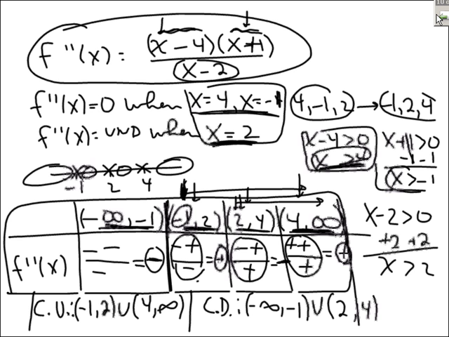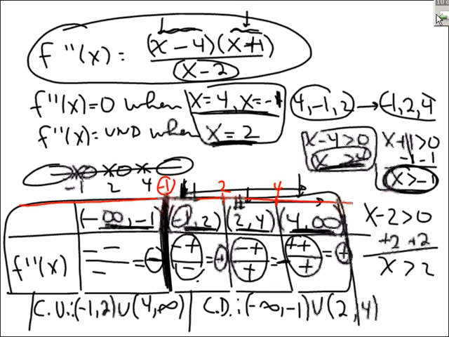Here we have X is bigger than -1. I found that everything to the right of this line is bigger than -1. And I want you to think of, if it makes life easier, this top line as a number line. Right here is -1, right here is 2, right here is 4.